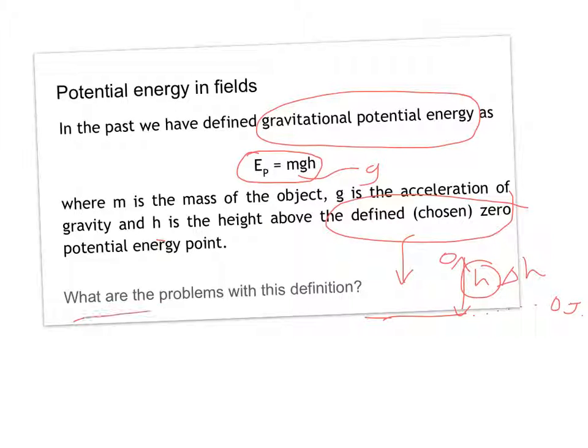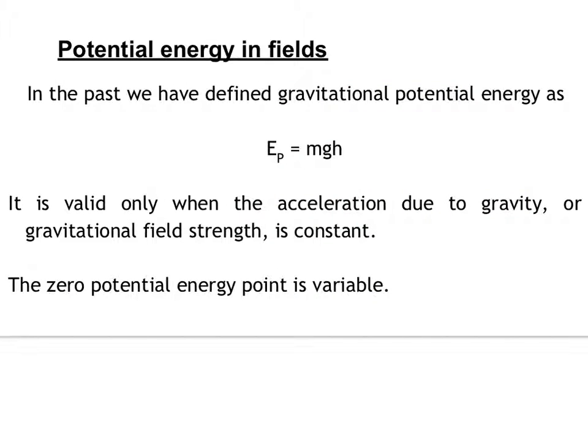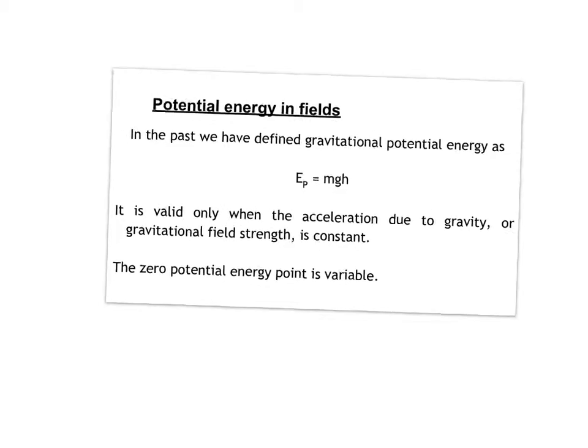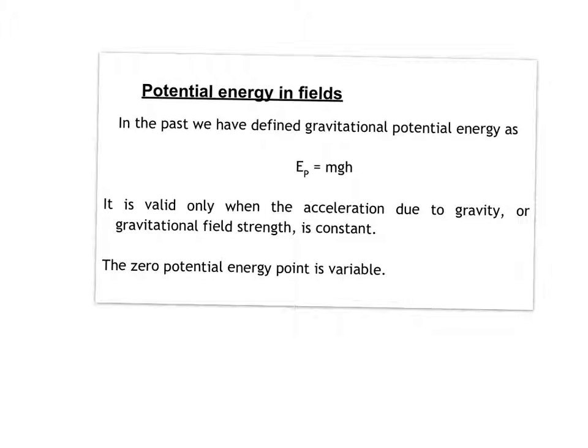Okay, so what are the problems with this definition? Now, if we use the function Ep equals mgh, we are making the assumption that g, and this is what we always do, is a specific fixed value, 10 or 9.81 meters per second squared.